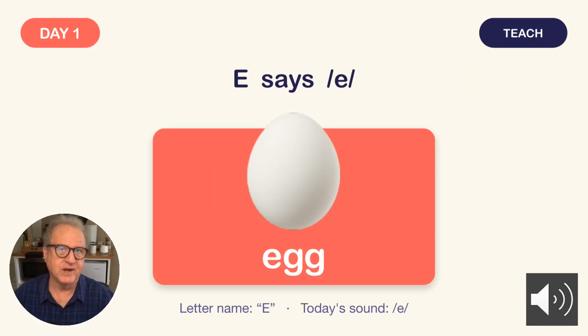And here is the letter E, and the sound is like egg. E for egg. It starts with E for egg. And what is the sound of the letter E in egg? Can you hear that sound? Egg.